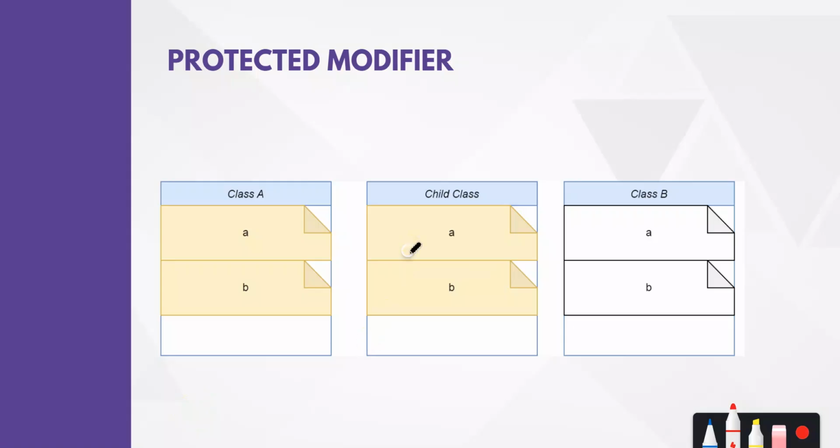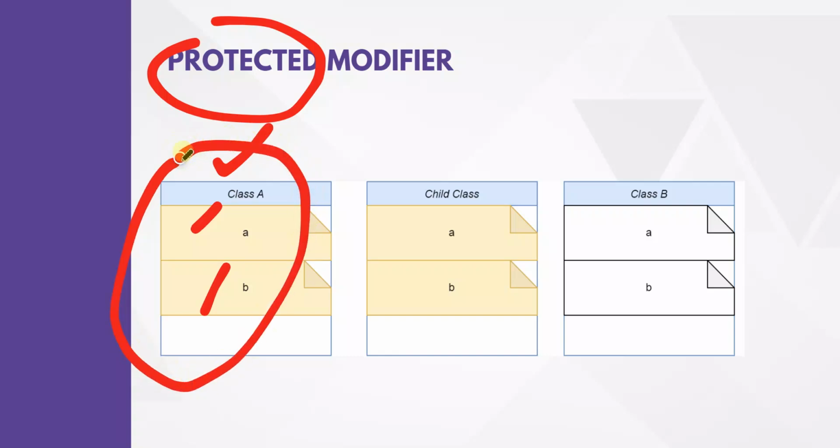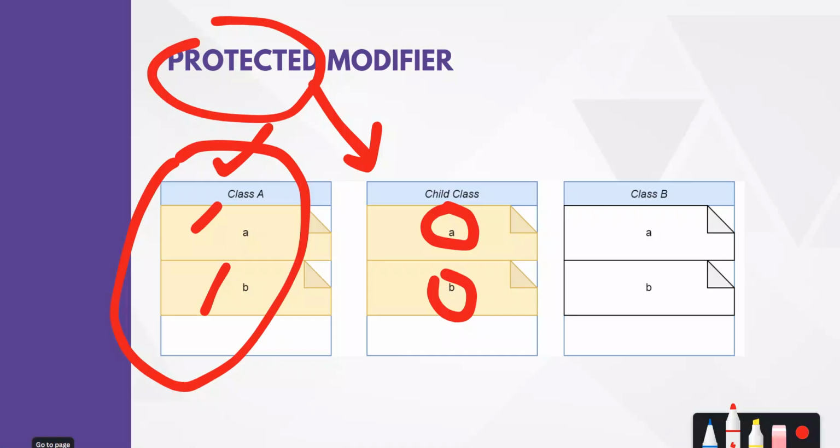So according to the definition of protected data members, if any data is protected, then it is available to A and B, because every type of data member is available in the same class. If they are private too, they are available in the primary class. But the difference is, if they are protected, you can also access these data members from the child class.